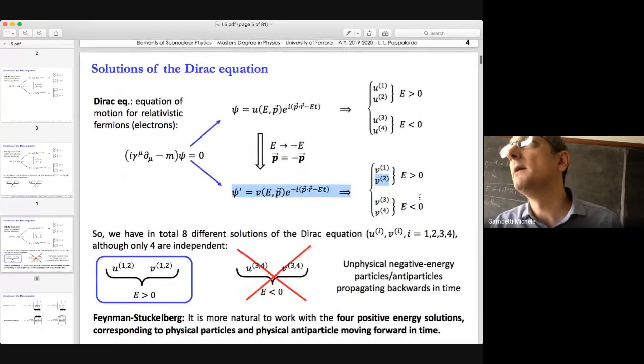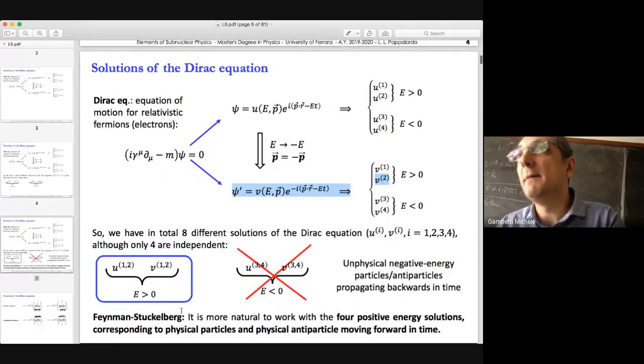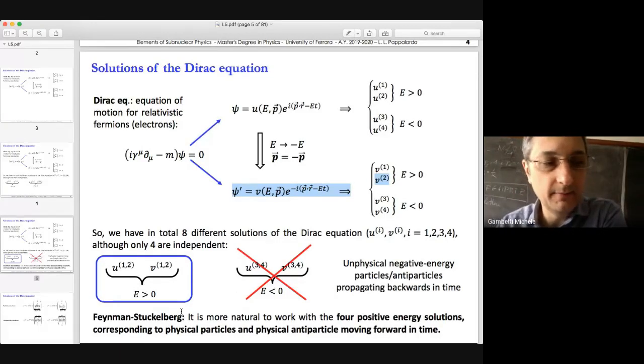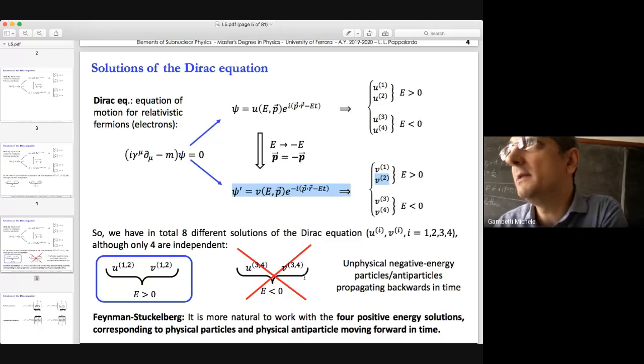Ah, ok. So based now on the Feynman-Stueckelberg interpretation, the negative energy solutions, so U3, U4 and V3, V4, correspond to unphysical negative energy particles or antiparticles which propagate backwards in time. Okay, so these essentially are meaningless.